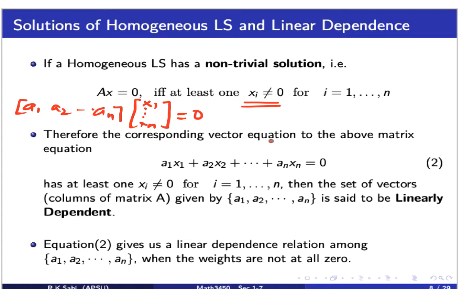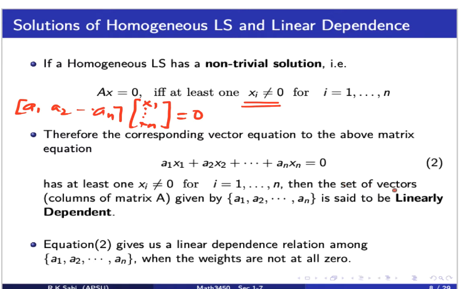So when you look at the corresponding vector equation of this homogeneous linear system, it is written as a1 x1 + ... + an xn = 0, which has at least one of the xi's, for i from 1 to n, non-zero. Then we focus more on the vectors.